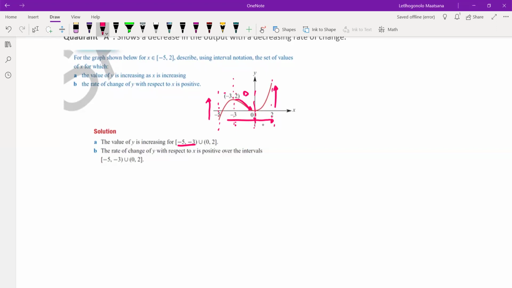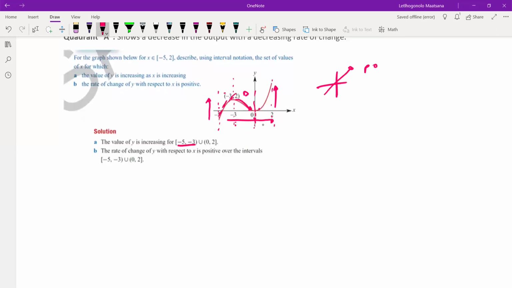Question B says the rate of change of y with respect to x is positive, right? Meaning that if you draw your tangent, it is going to look up. So if we draw our tangent here, we will see that the tangents are positive. So between -5 and -3, those graphs are facing upwards, so they are positive.